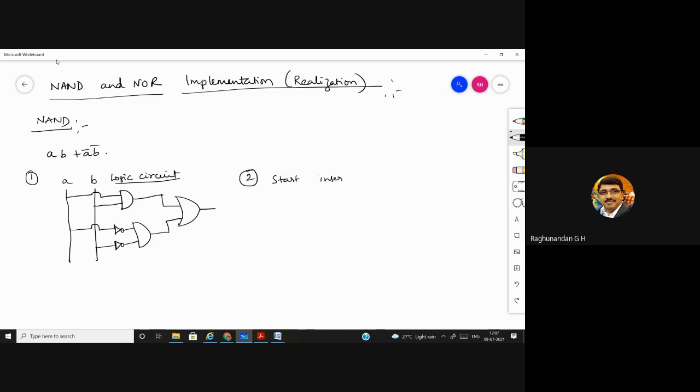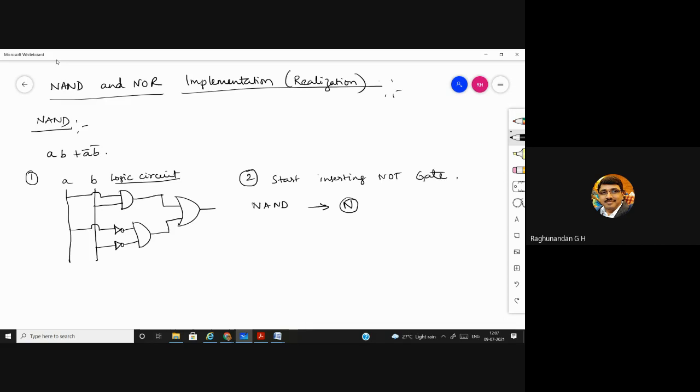We need to insert the NOT gate. Where should we insert it? For NAND realization, just for your remembrance, NAND is NOT-AND.